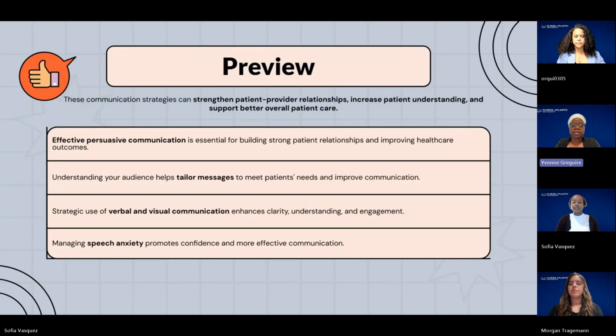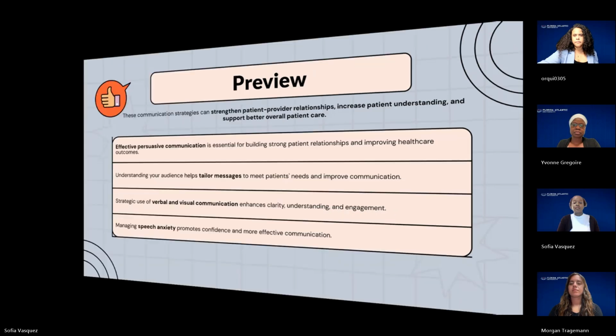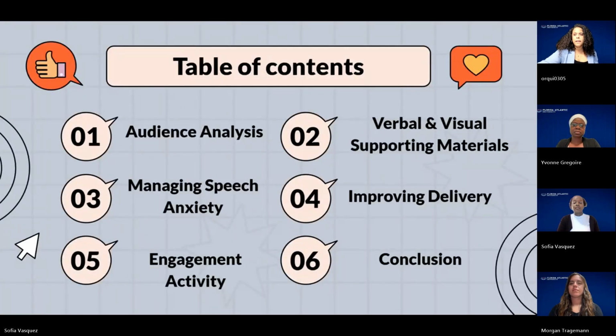Preview. To better strengthen the patient-provider relationship, we apply effective persuasive communication as well as understanding our audience by tailoring messages. We use verbal and visual communication, and address speech anxiety. This presentation is broken down into 6 sections.